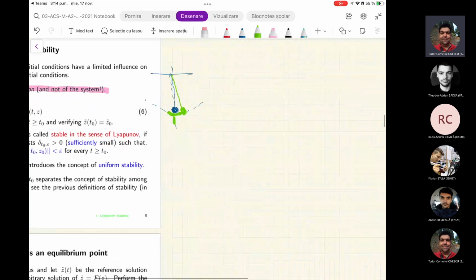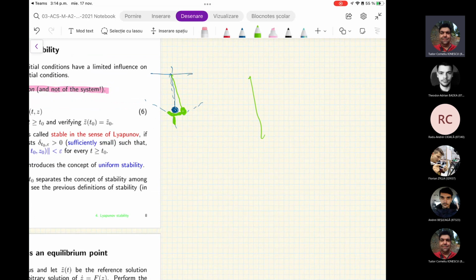That's why we take the equilibrium point. That's why I take the equilibrium point to be a reference solution. So I'm going to make the phase portrait, x2 versus x1, okay? So this is theta dot versus theta, if you remember, where theta is the angle.